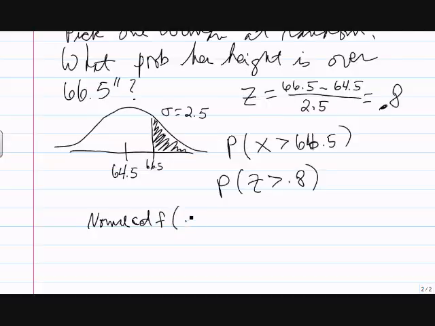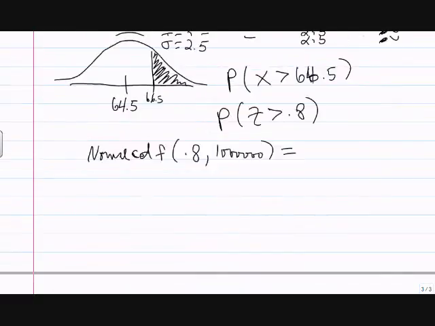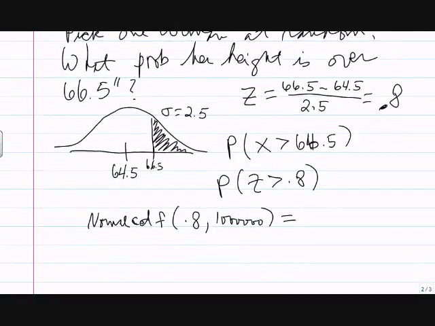I should be going from 0.8 to positive infinity, and that gives me the answer. I'm doing these normal probability problems a lot because I'm trying to repeat these. You've got to get this into your head. This needs to be second nature.